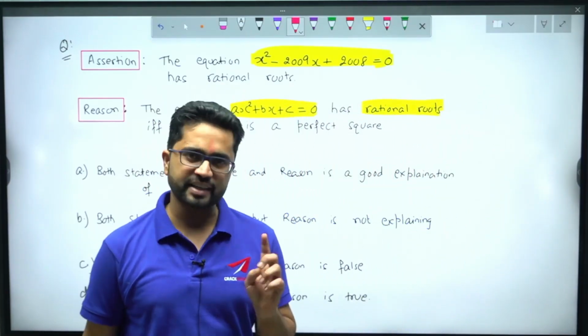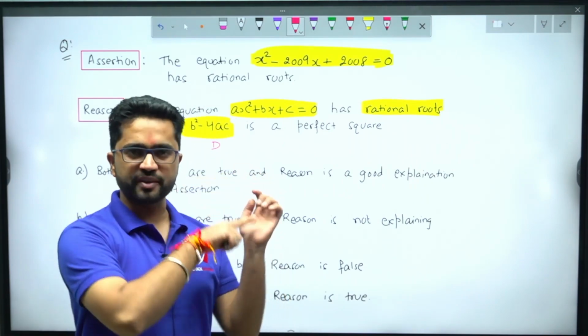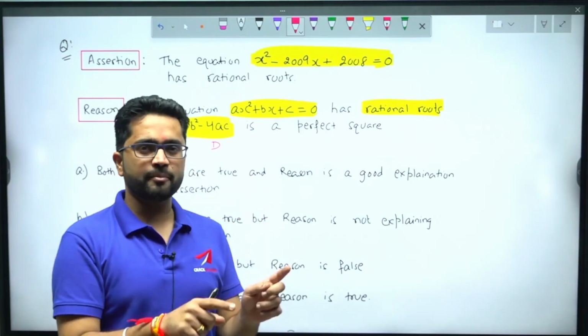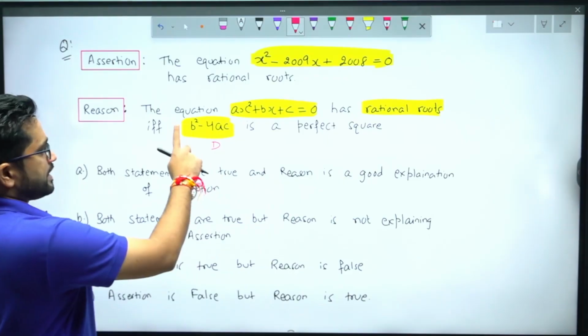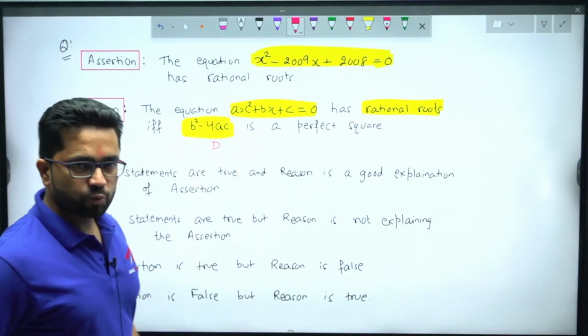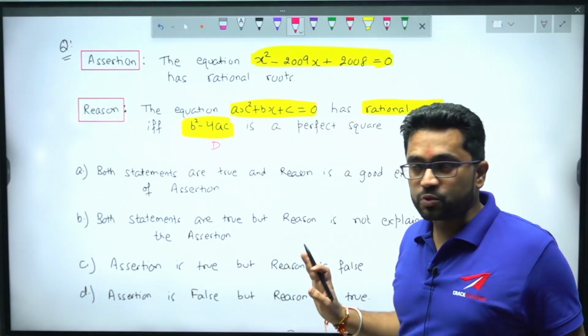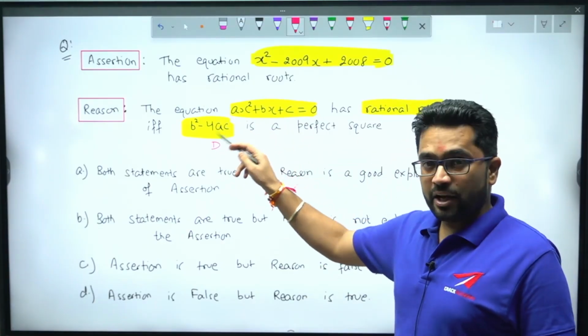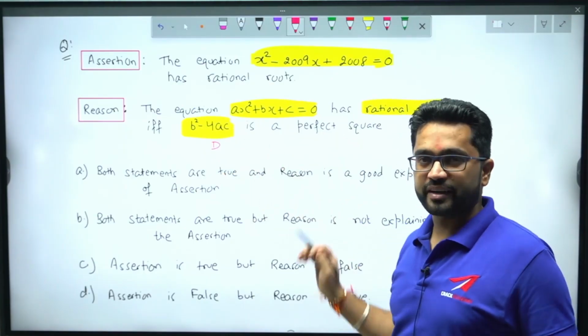So let's check the second statement first. If the second statement is authentic, thereafter we'll move to the first one, and if both of them are true, then we'll see the connection between them. Now, please comment about the reason. The equation has rational roots if and only if D is a perfect square.